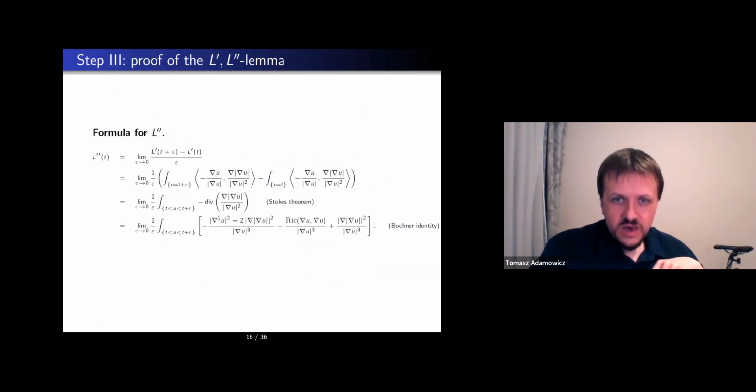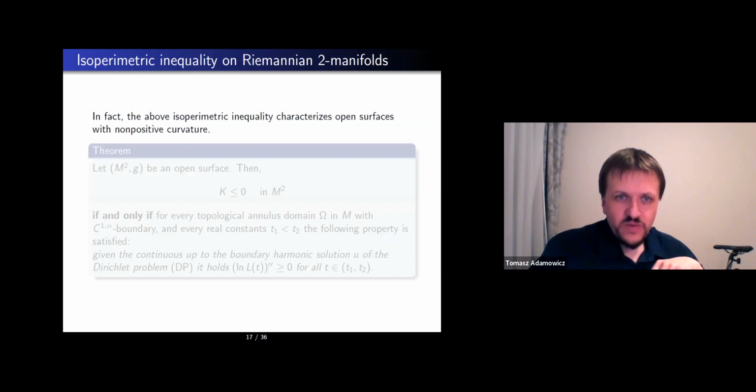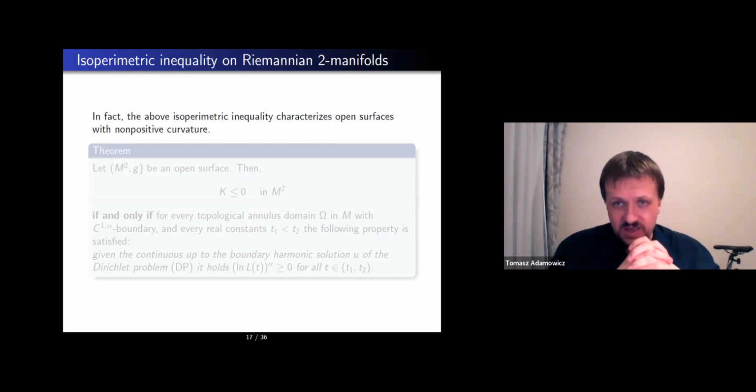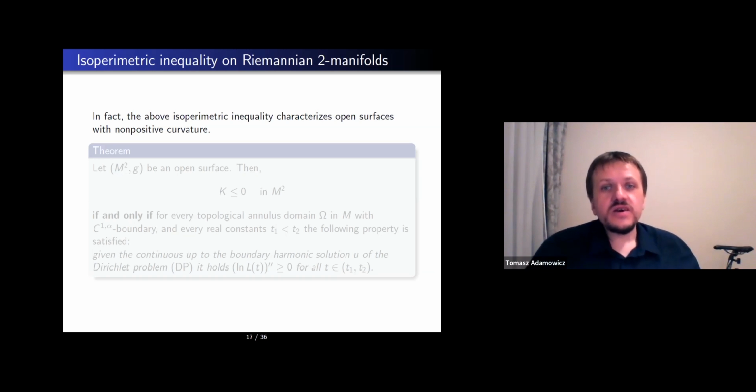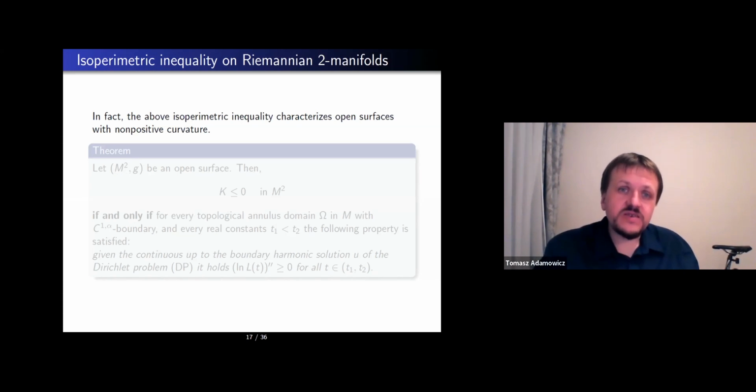So this is everything about the proof for the isoperimetric inequality in the smooth setting, but it has a number of peculiar features. One of them is that it actually characterizes surfaces with non-positive curvature.